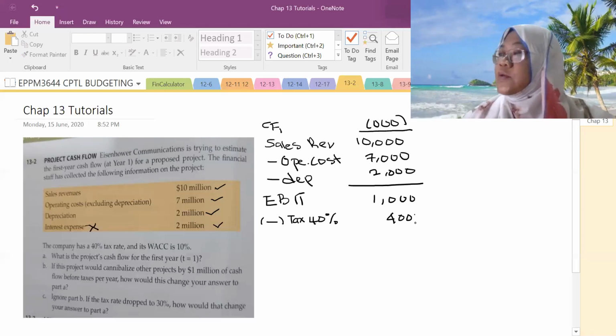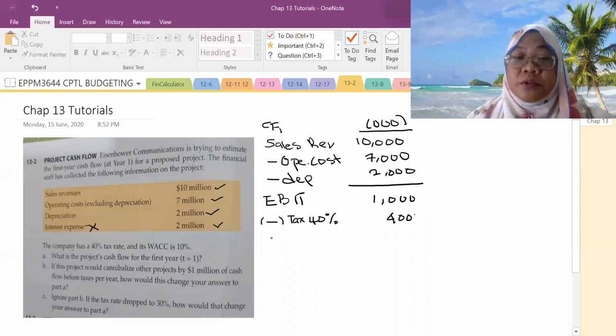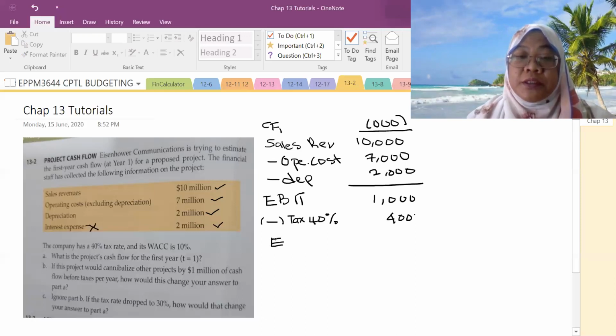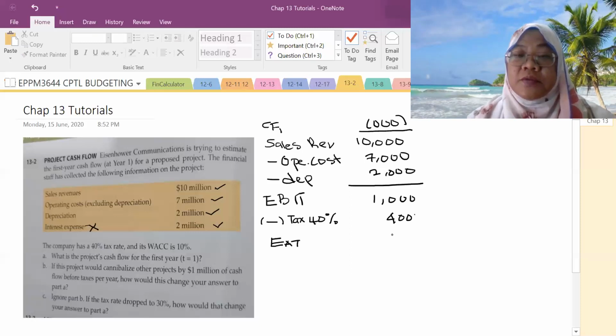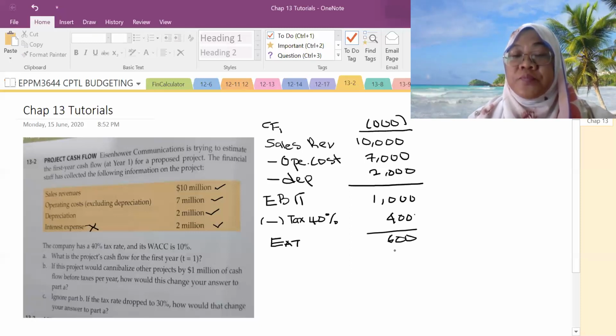Okay, so with that, you dapat net income ataupun earnings after tax, equal to 600,000, right?